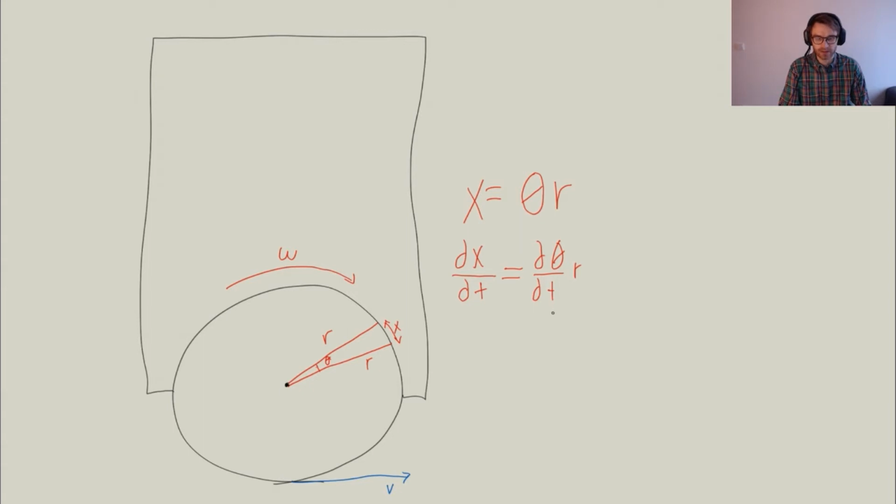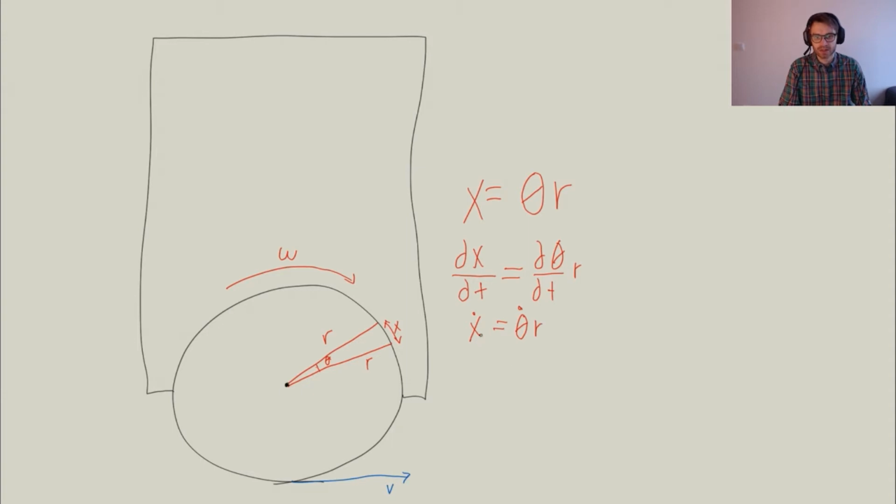It's not dependent on time. We could also write this as x dot equals theta dot times r, the radius.